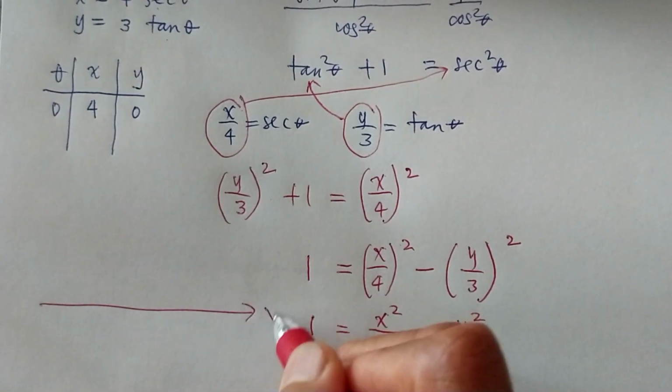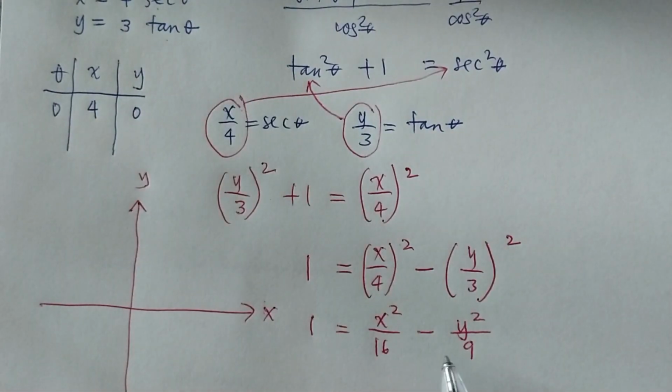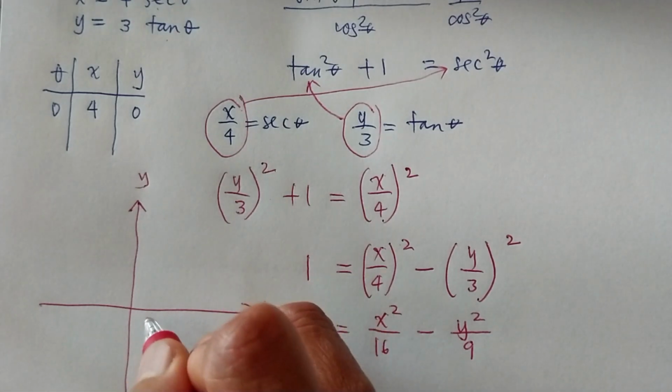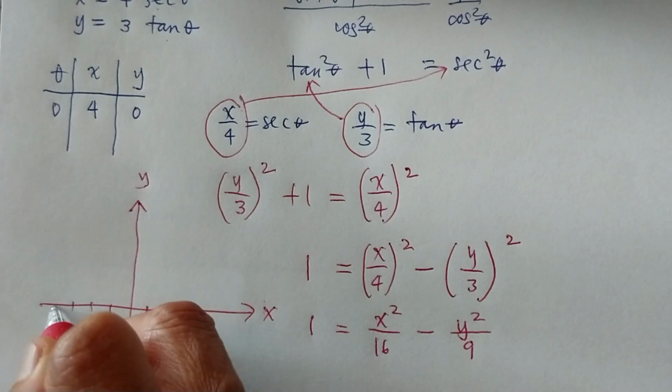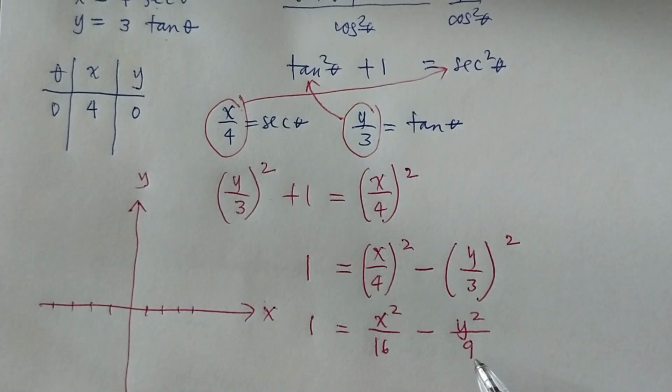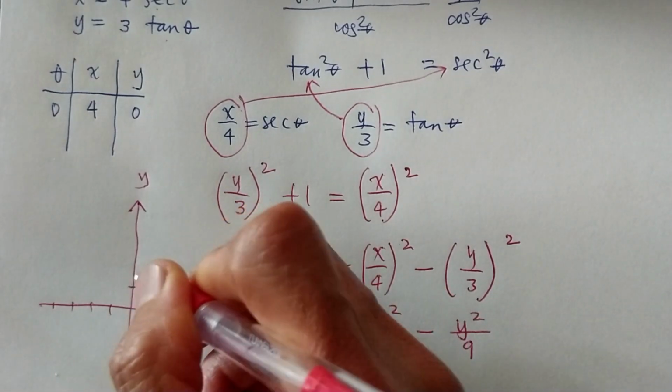So this is my x-axis and this is my y-axis. The center of the hyperbola is at the origin. The x-intercepts are 4 and negative 4. There are no y-intercepts. But we know that the value of the minor axis is 3.